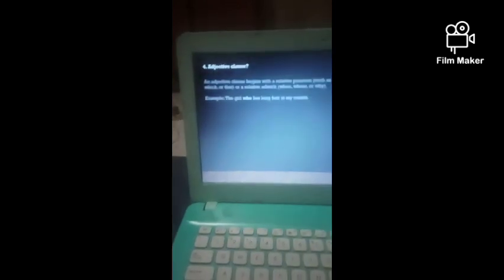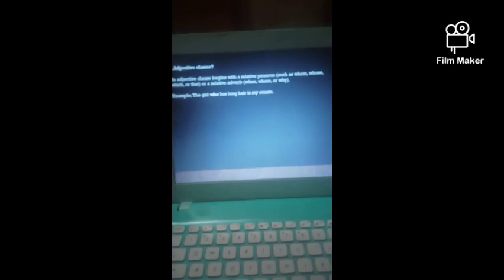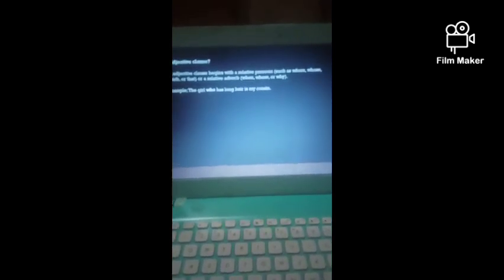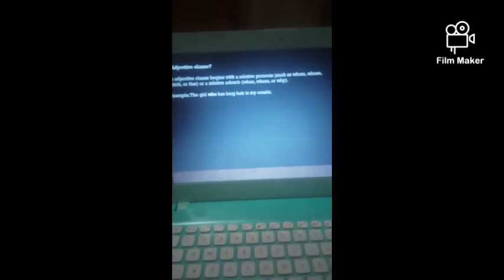Adjective clause. An adjective clause begins with a relative pronoun such as whom, whose, which, or that, or a relative adverb: when, where, or why. For example, the girl who has long hair is my cousin.